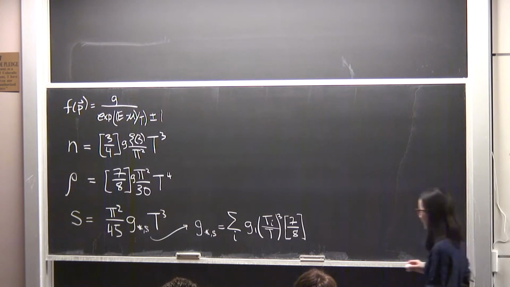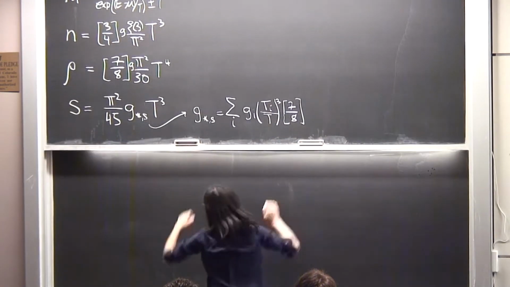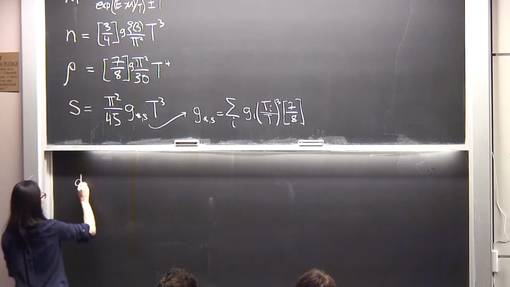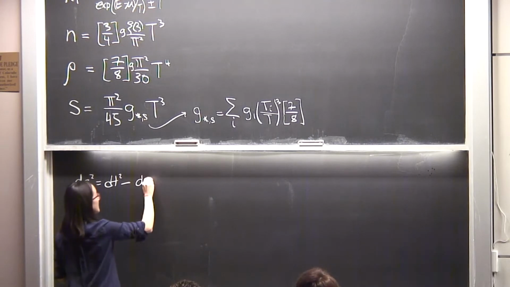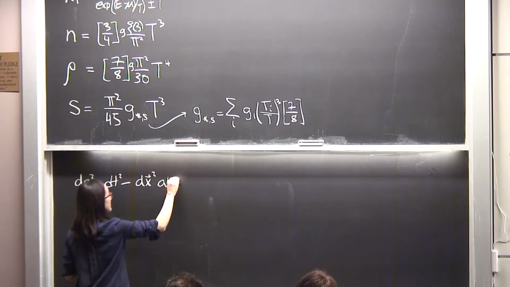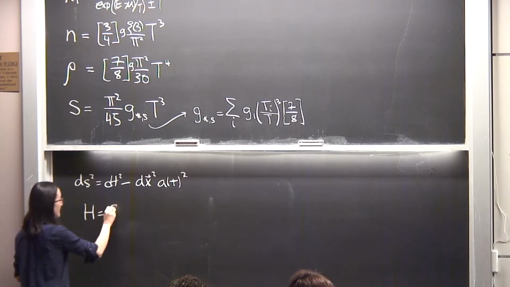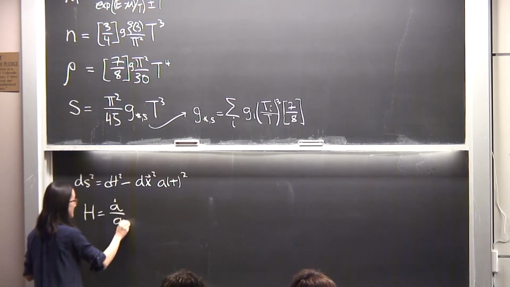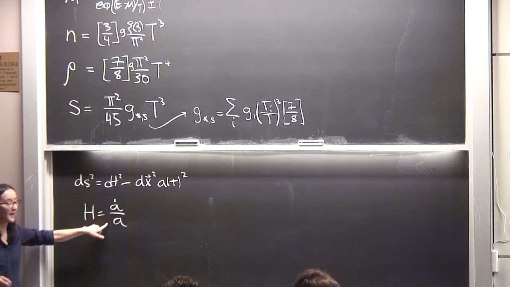Let me also write down, just to remind everyone, our FRW metric. The Hubble expansion rate tells us the rate of growth of the scale factor.